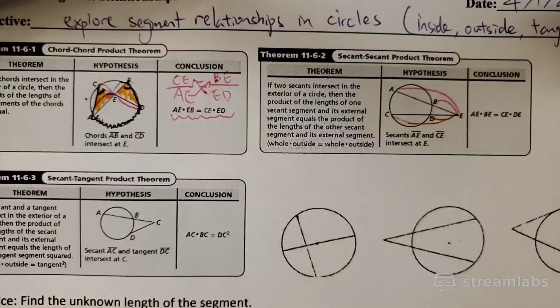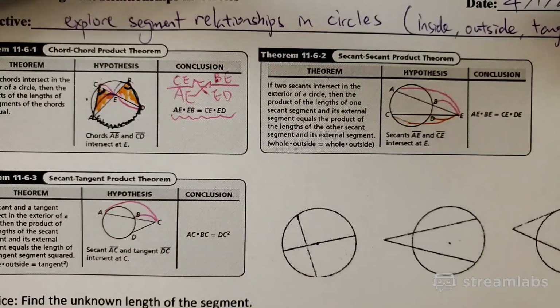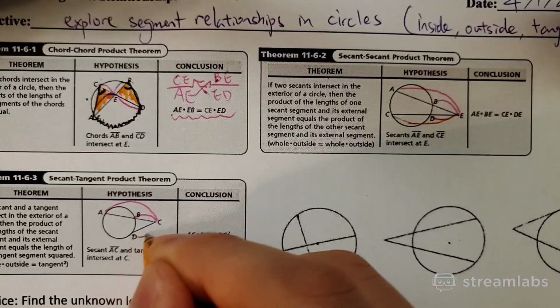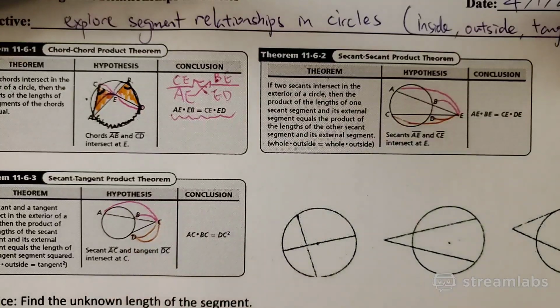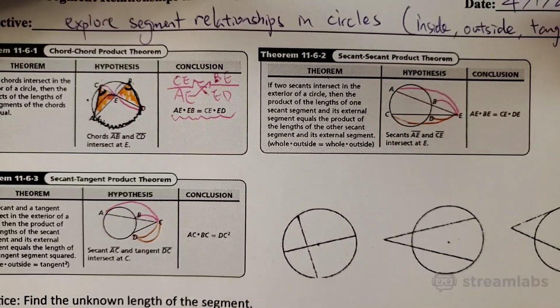And the last one is AC times BC equals DC squared, so basically DC times DC. Why don't I say DC squared? I say DC times DC because they all follow the same pattern, and we're going to discuss the pattern so that you can remember how to do them.